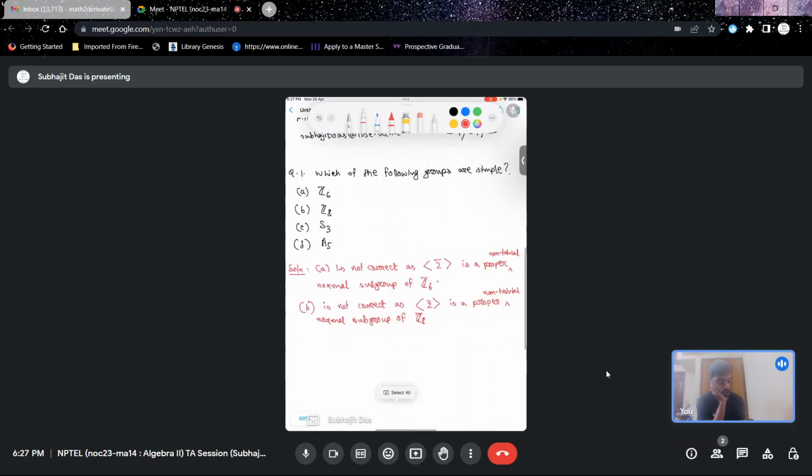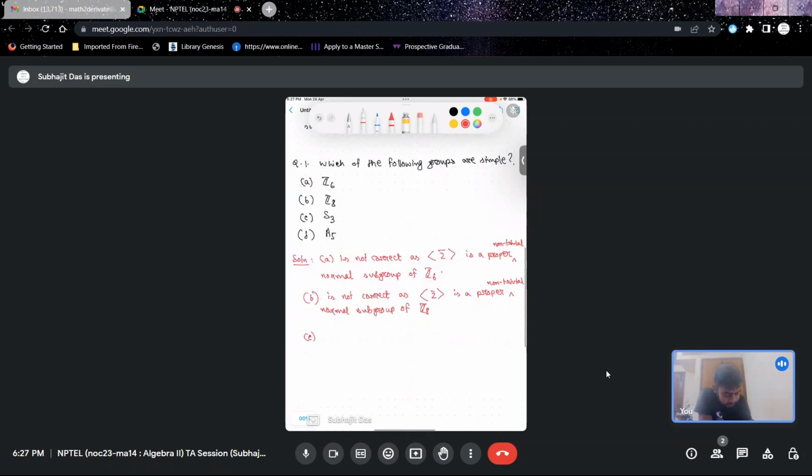What about option C? Is S3 simple or not? Again, option C is not correct, as we can just take A3, a non-trivial normal subgroup of S3.